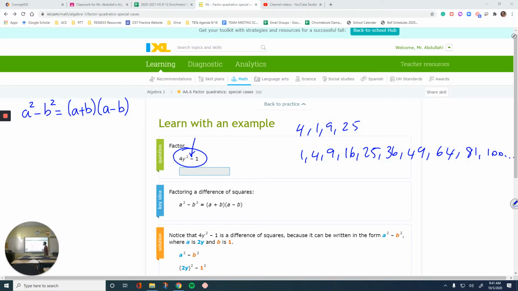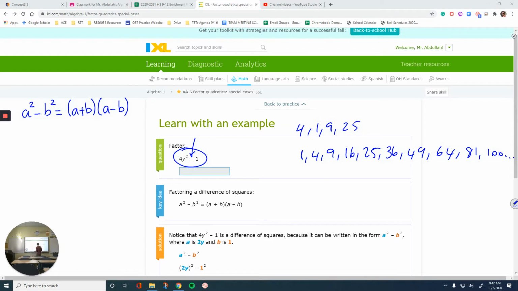These are the most common ones. So if you don't realize what those numbers are, they're called perfect squares. It's because the first number is 1 times 1, which is 1. The second number is 2 times 2. The third number is 3 times 3. The fourth one is 4 times 4, and so on. So that's why those numbers are called perfect squares.